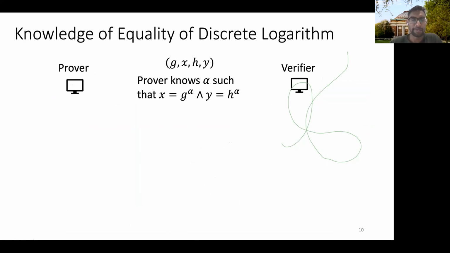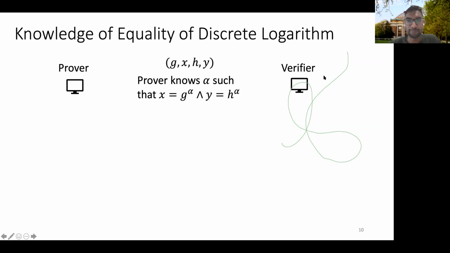The second tool that we use is called knowledge of equality of discrete logarithm. This is an interactive protocol that achieves the following. There is a prover and a verifier. There is a common tuple that both prover and verifier know, which has G, X, H, and Y. These are group elements.